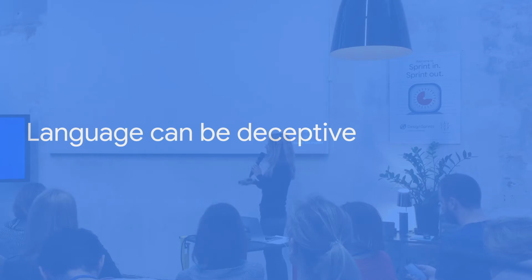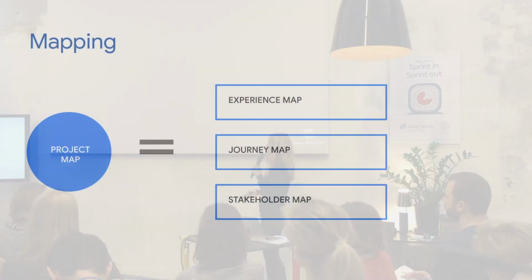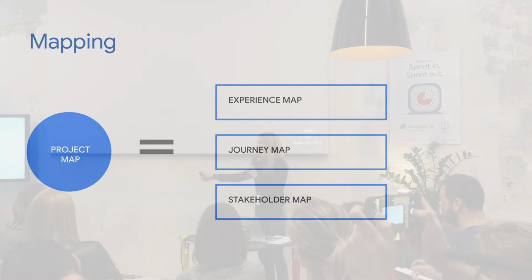One of the things I keep encountering is that language can be really deceptive. We have a lot of the same words in both methodologies, which will sometimes throw you off, because you can say, oh yes, lightning tours. For example, we have a lot of different mapping methods. The Google Ventures book has a project map, which is a great tool. It is a very specific tool to be used in that structure, to identify a goal and to identify an audience.